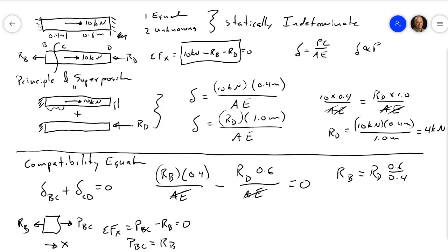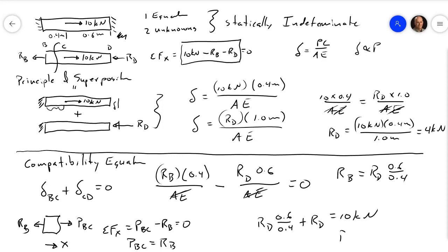And so when we combine those, we get, for example, that the reaction at D times 0.6 over 0.4 plus RD equals 10 kilonewtons.